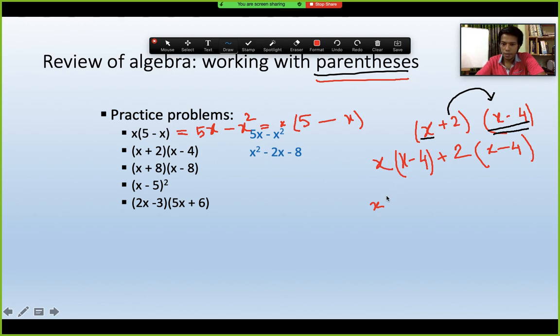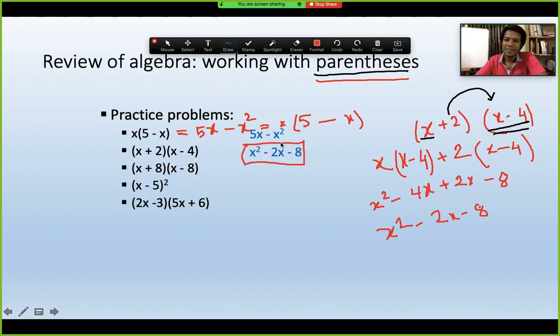So x and x multiply, it becomes x squared. Then x into minus 4 becomes minus 4x. Then 2 into x becomes 2x. Then 2 into minus 4 becomes minus 8. Then we have x squared minus 2x minus 8, which is here.